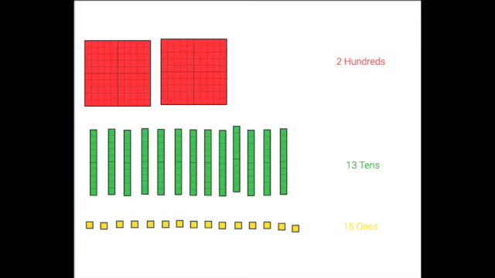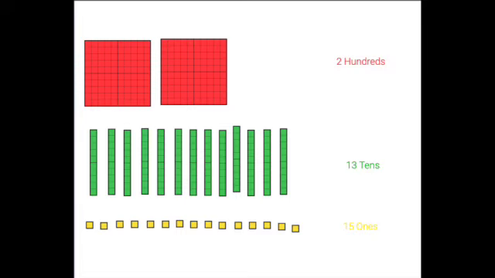So another way that we can show 345 is, let's break it down, and now we have 2 hundreds, 13 tens, and 15 ones. What I did was I broke up one of the hundreds and took 9 of the tens and put them in the tens place, because before we had 4 tens, and then the last 10 I put into the ones place.